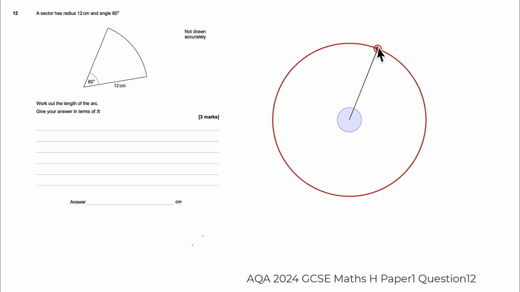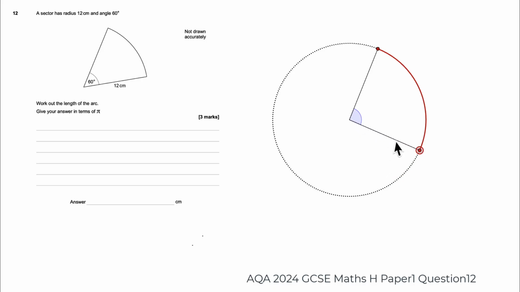That's the complete circumference of the circle. So let's wind that back and stop at 180 degrees at the centre. That's 180 degrees compared to 360. 180 over 360 is 1/2, so we're getting a half of the circumference of the circle.